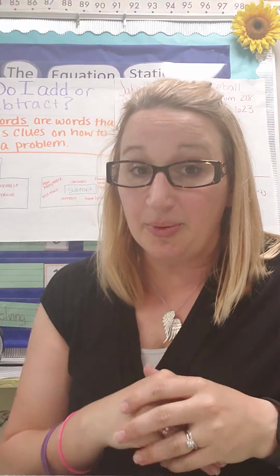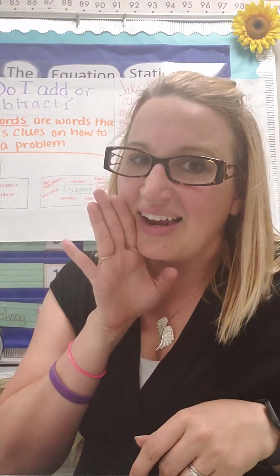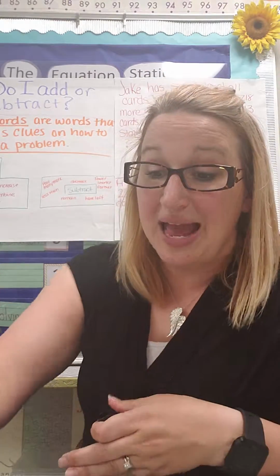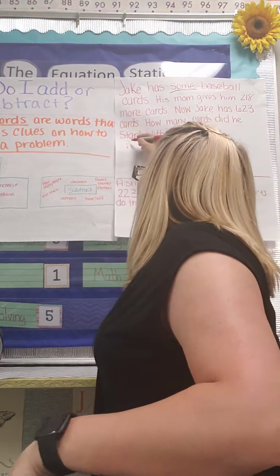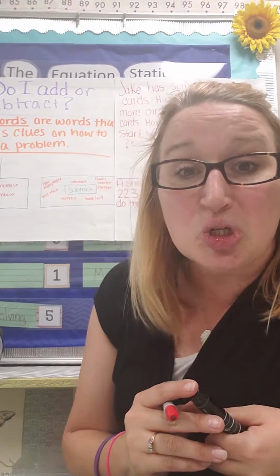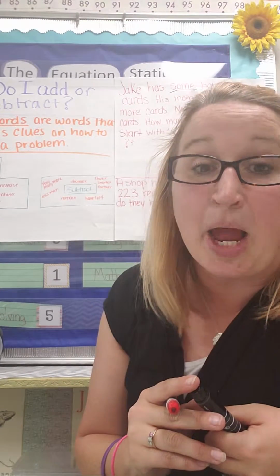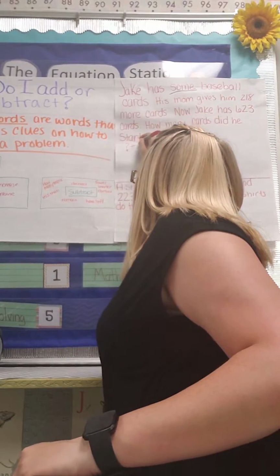And the only operation I know of right now that gets me a bigger number is adding. So I'm going to add. I'm going to add up here my plus sign. And he gets 218 more.